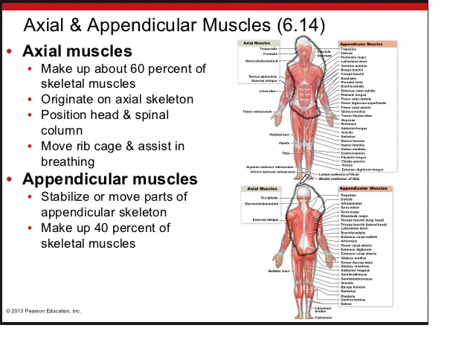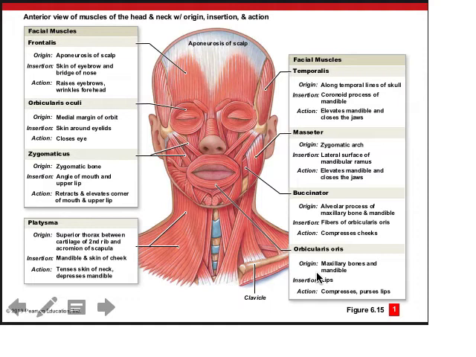Then with appendicular muscles, let's do this in blue. We're talking about muscles that are primarily here, here, here, and here and here. So we'll go through the major muscles in each of these groups.